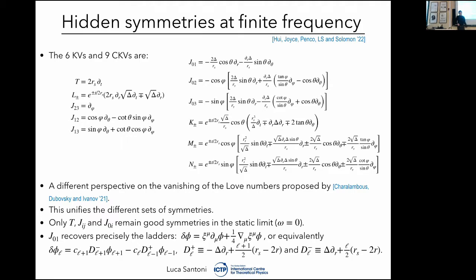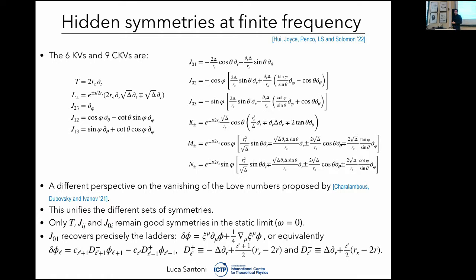J01 is the ladder symmetry that I've been telling you about. But let me stress that only T, Jij, and J0i are good symmetries in the static limit. The others are not good symmetries. I didn't tell you about the other operators before, because they have some time dependence, okay?